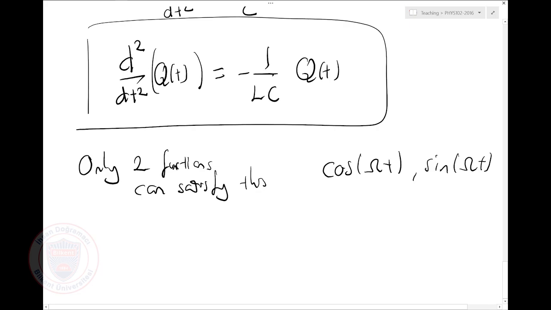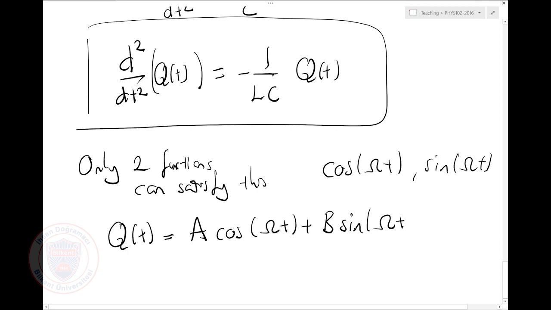I will not do that. I'll just say this is the case. So I'm saying the solution to that equation must be something like the following. Q of t must be some a times cosine omega t plus some b times sine omega t.